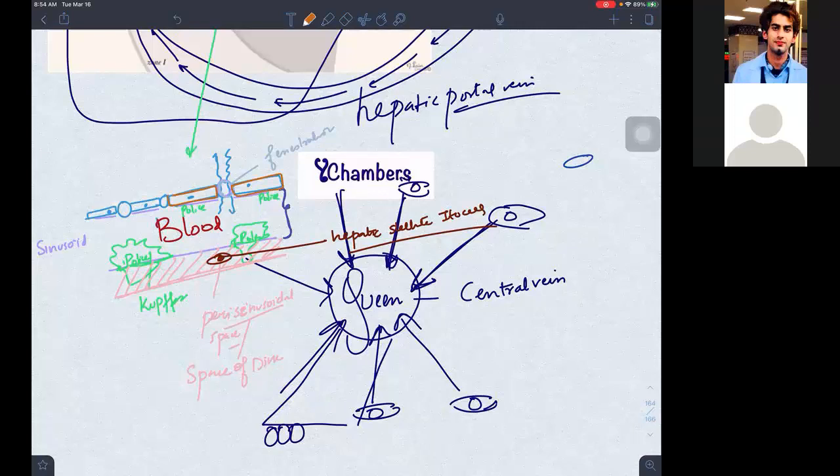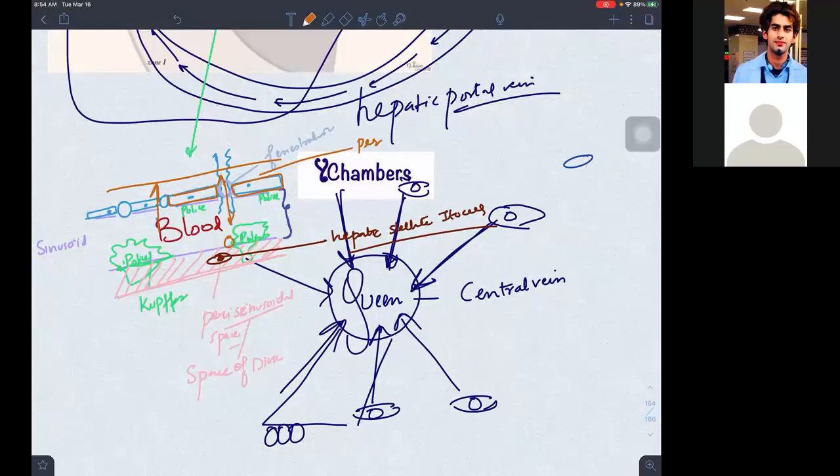Can I say these windows are helping me to communicate with the perisinusoidal space of Disse? Yeah, that's a beautiful answer. So these fenestrations help the sinusoids communicate with the space of Disse.